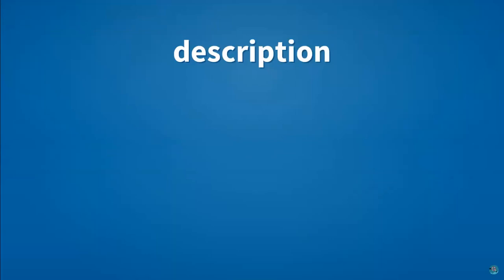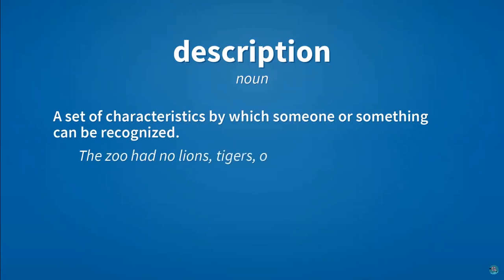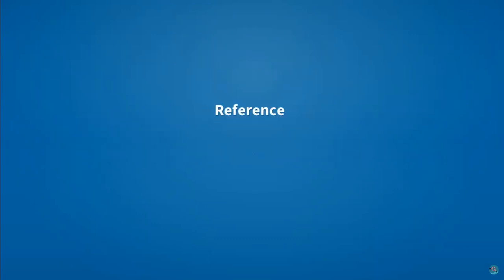Description. Noun. A set of characteristics by which someone or something can be recognized. The zoo had no lions, tigers, or cats of any description. Reference.